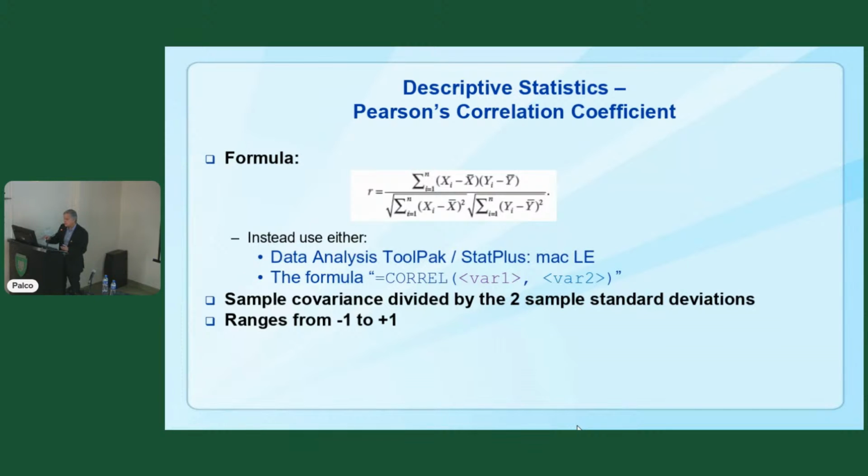The bottom is your two sample standard deviations, the square root of the product of the squared differences from the mean. So you have a sample of the truth, covariance on the top, divided by the two sample standard deviations.